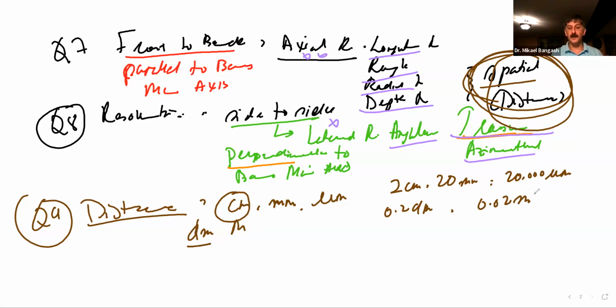So all these numbers here are equal to 2 centimeters, for instance.